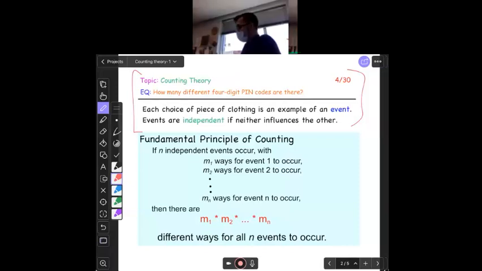Something that changes in response to something else. Something that changes because something happened. What could you do that could be a dependent event?